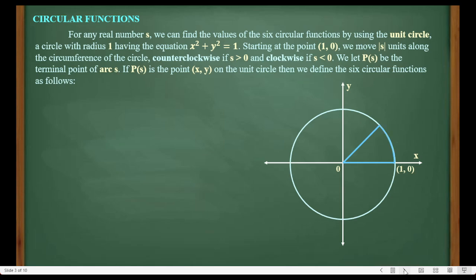And since the direction is in the counterclockwise manner, therefore, the value of s is greater than 0 or positive.